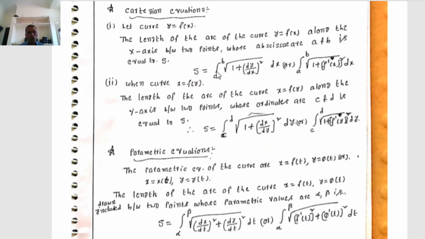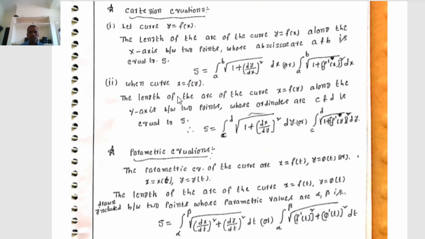That is, s equal to integration a to b square root of 1 plus (dy by dx) square into dx, or integration a to b square root of 1 plus (f dash of x) square into dx.